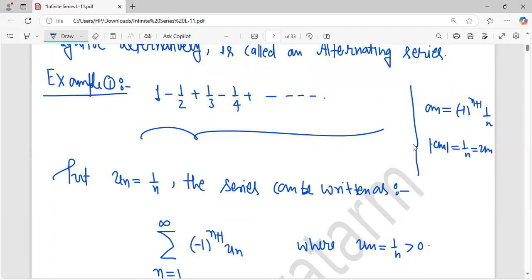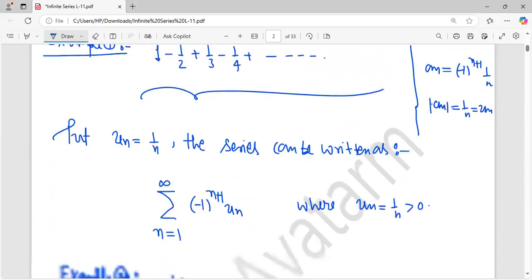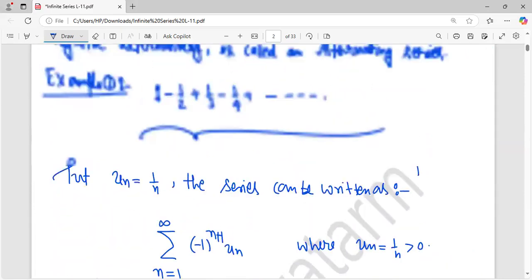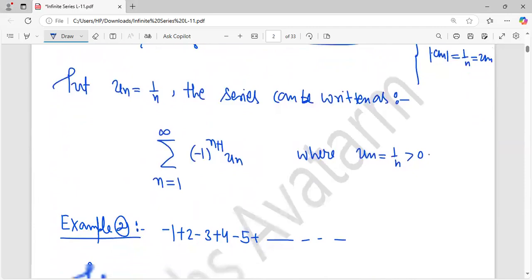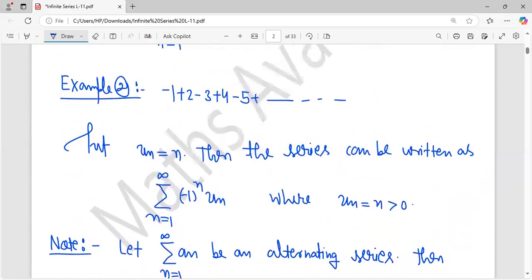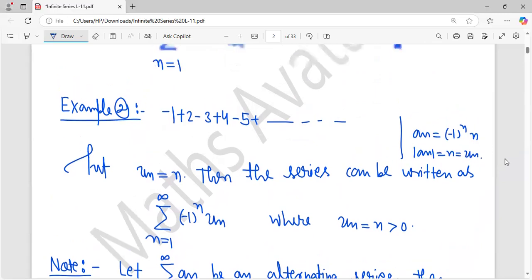And in the second example you also observe, an is minus 1 to the power n times n, so un is n.